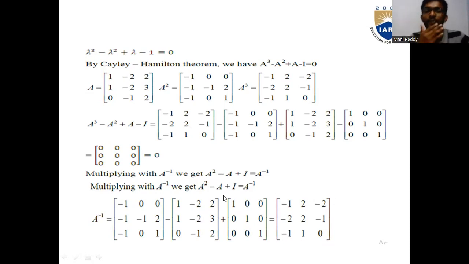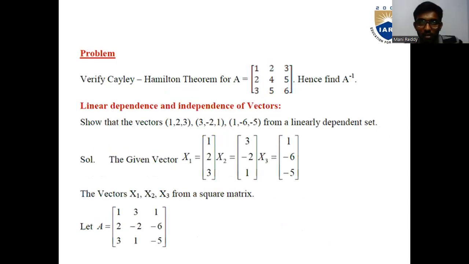So we'll go to the next problem. Problem: verify the Cayley-Hamilton theorem for the given matrix with rows 1 2 3, 2 4 5, 3 5 6, and hence find A inverse. It is the same as this problem, so try it using the previous method.